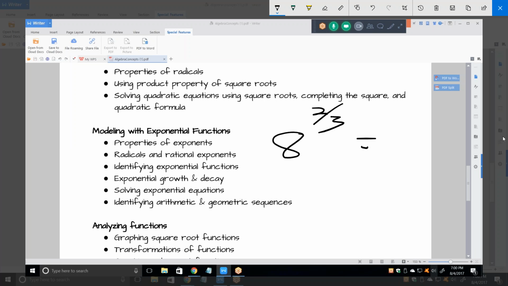What's that equal to? Always begin with the denominator. In other words, always take the cube root of 8 first. Don't square 8 first. It'll result in much bigger numbers. If you take the denominator first, then you're always dealing in small numbers.